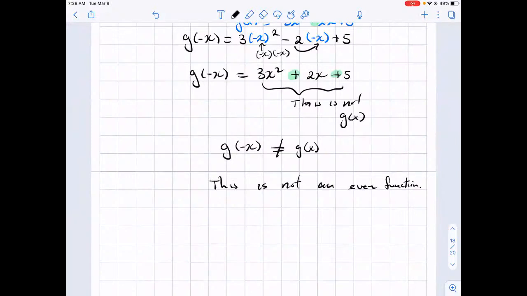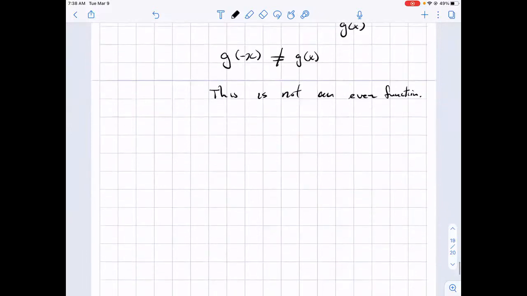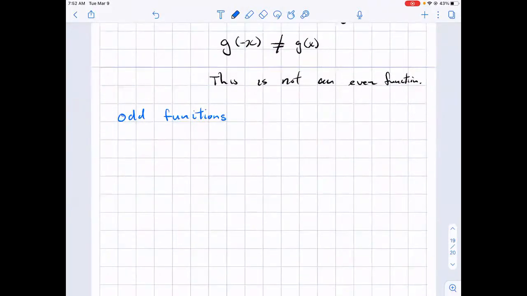Now for odd functions, f of x is odd if f of minus x is equal to the negative of the function you have.